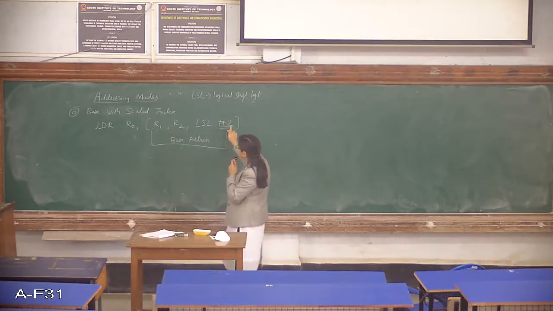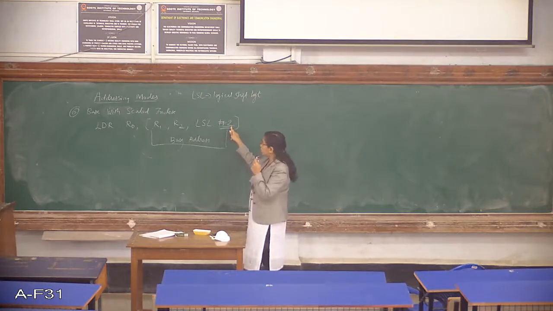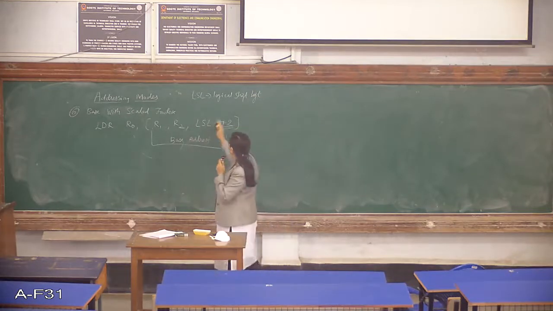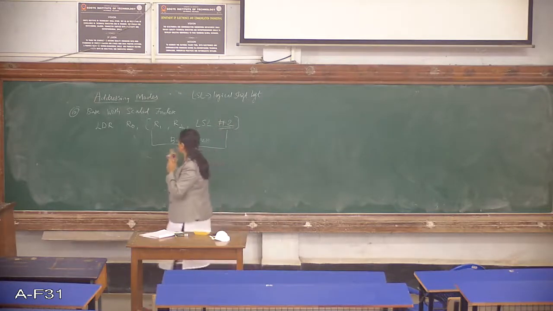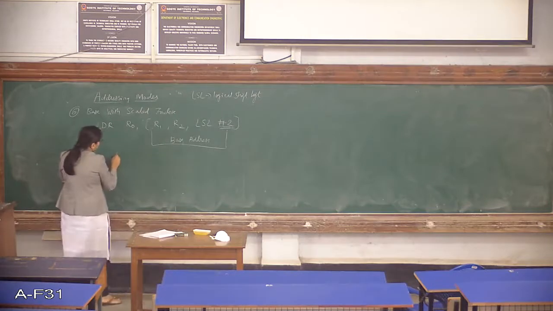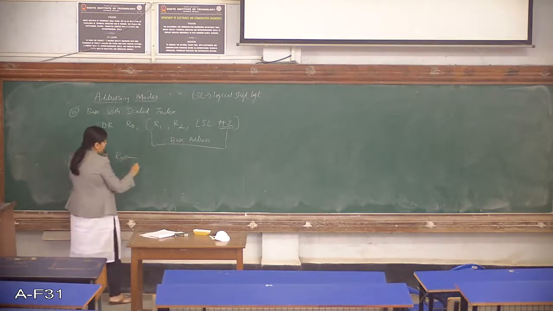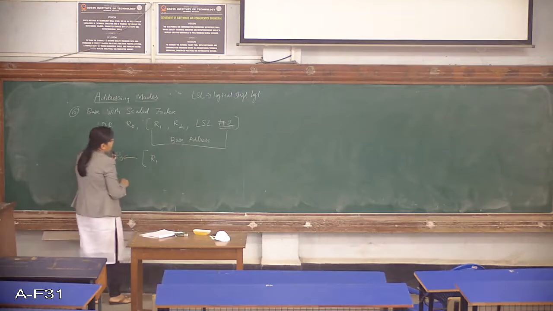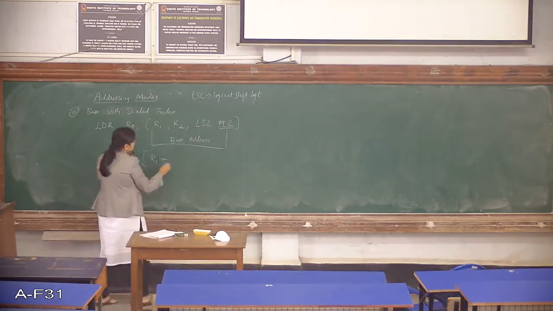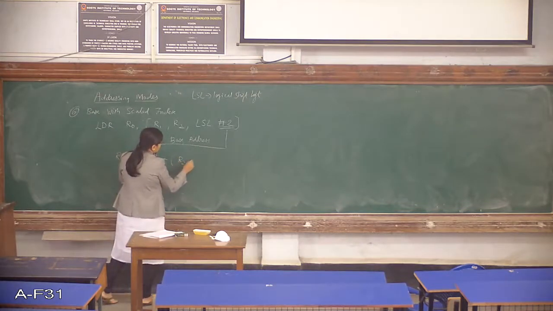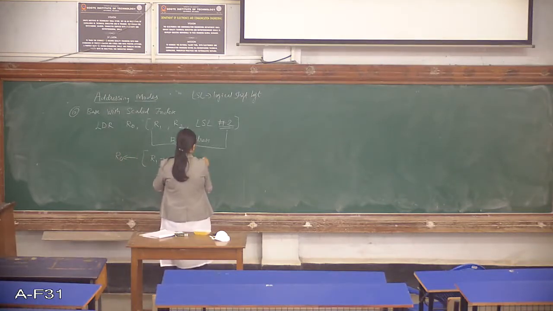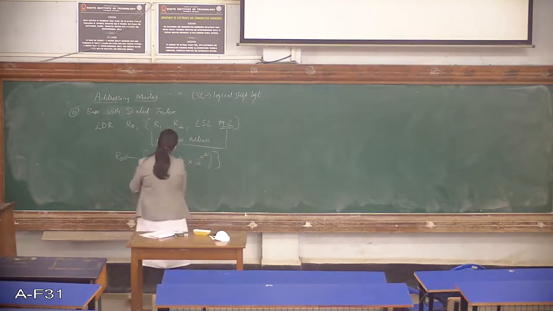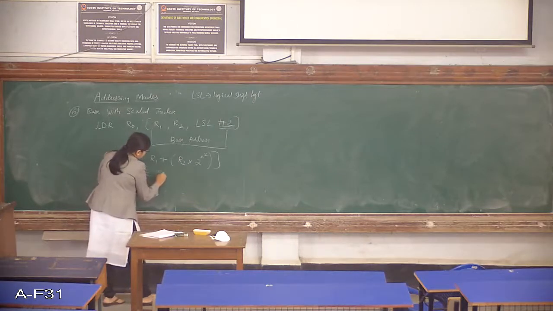Since it is #2, this is the value we are given. So you shift the value of R2 by 2 positions to the left. Once you do this, in R0 you will have the data from R1 plus R2 times 2 raised to 2. This is going to give you the base address.